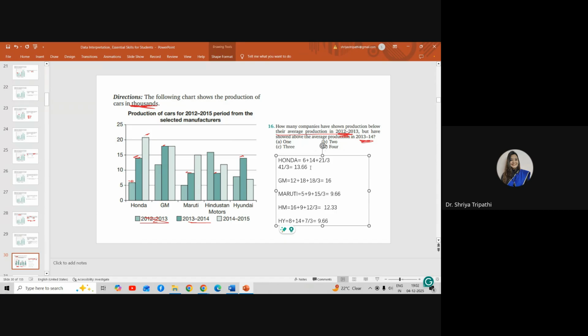Okay. Honda, 13.66 is my average production. And in 2013-14, what is the figure coming? 14? Yes, ma'am. It is below. Here the question asks for above the average, so this is not my option. Second, General Motors. Here the figure is 18. 18 is higher than 16.